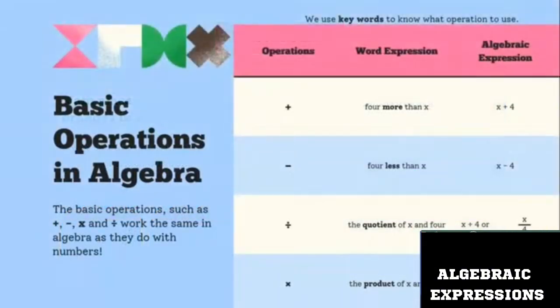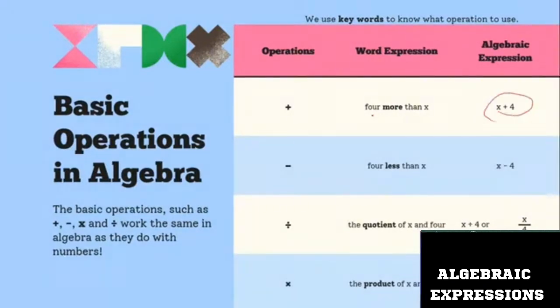All right. Next, we want to look at some basic operations in algebra. We want to look at addition, subtraction, division, and multiplication. So, for example, in addition, we can have problems such as 4 more than x. If a number is 4 more than x, we start with x, and then our number will be plus 4.